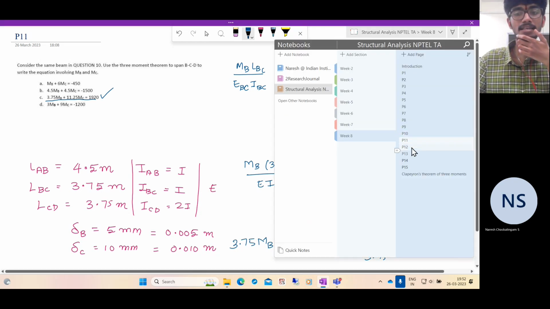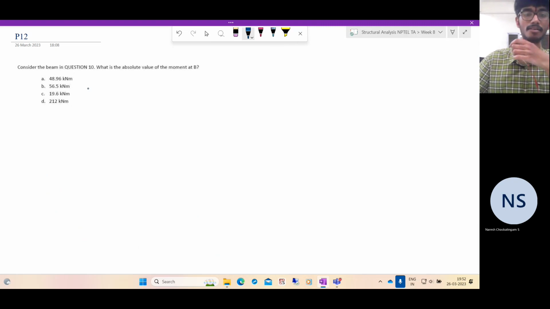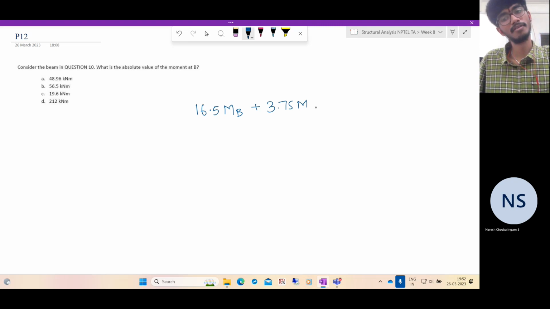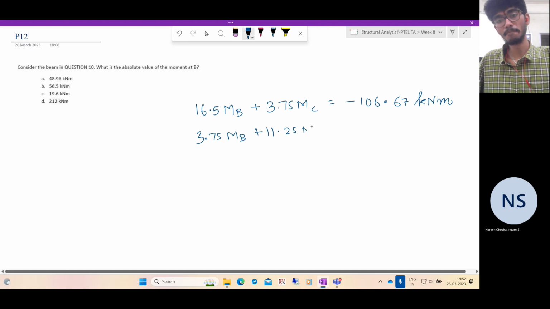Now, what is the last step? The last step is to solve the two equations. We have two unknowns, which is MB and MC, and we have two equations in them. So one equation is 16.5 MB plus 3.75 MC is equal to minus 106.67 kilonewtons meter, and 3.75 MB plus 11.25 MC is equal to plus 1920 kilonewtons meter.